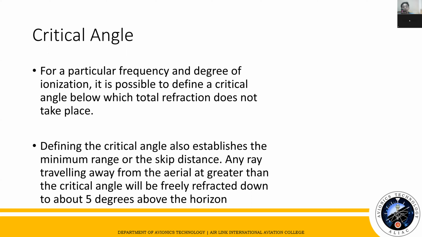Any ray traveling away from the area at greater than the critical angle will be freely refracted down to about 5 degrees above the horizon. So, yung sa critical angle or sinasabi nating angle of incidence, pag yung wave that enters at too steep of an angle passes through the layer.